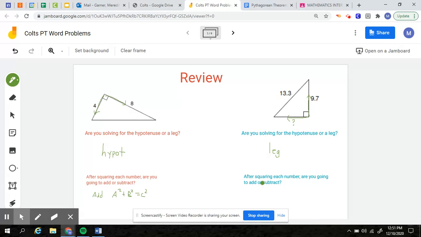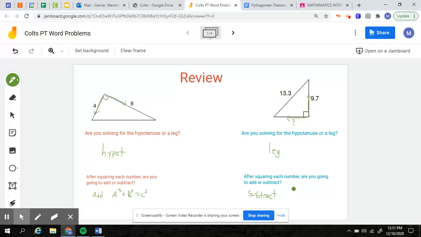And the next step, it says after squaring each number, what are you going to do? And because we're solving for the leg, we are going to subtract. So all the other steps are identical. So you're still going to square both those numbers. Your last step is still to take the square root, but remember, instead of adding, you're going to subtract.